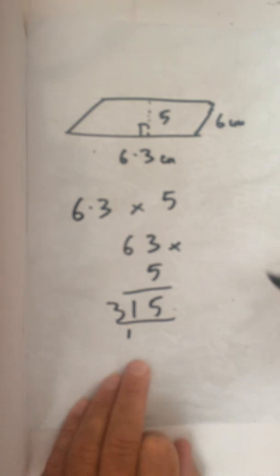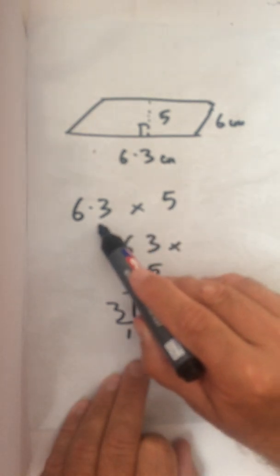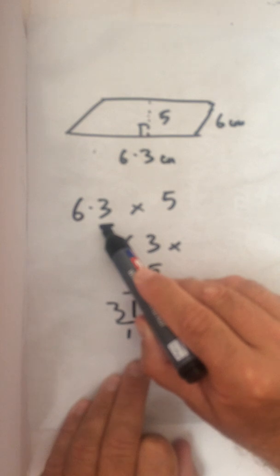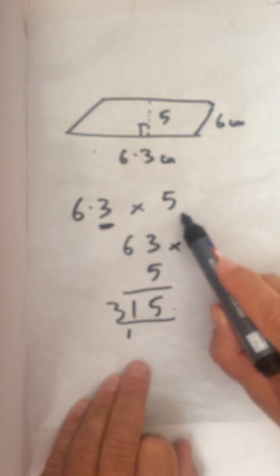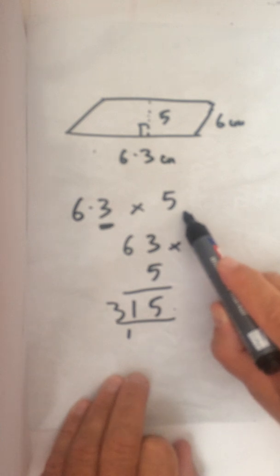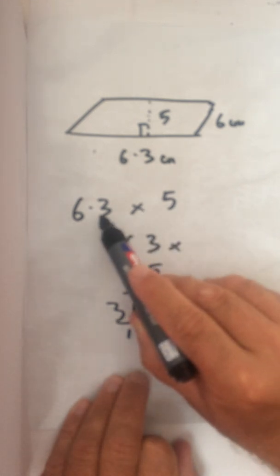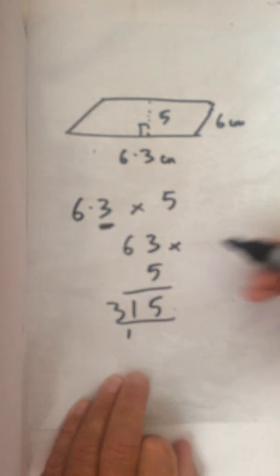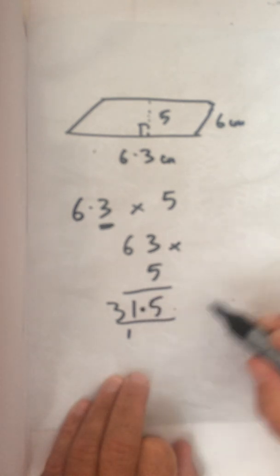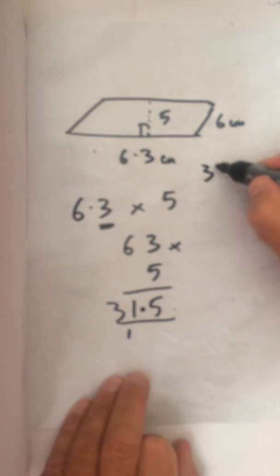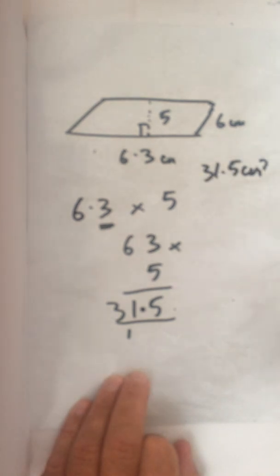So we got 315, and then I look back at my question, and I've got one number after the decimal point in the first part. I haven't got any numbers after the decimal point in the second part. So in total, I've got one number after the decimal point in the question, so it's one number after the decimal point in the answer. So the answer to that one would be 31.5 centimeters squared.